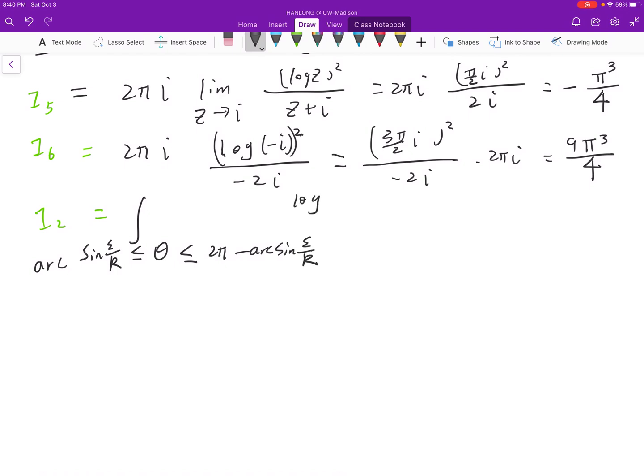Inside is (log r plus i theta) squared divided by r squared e^(2i theta) plus 1, times i r e^(i theta) d theta.